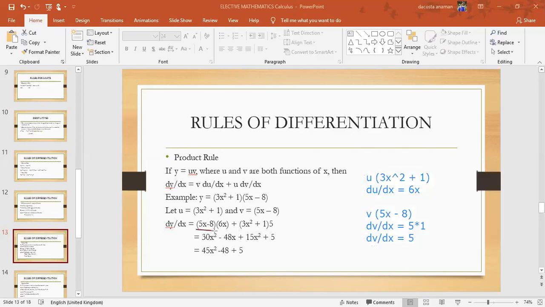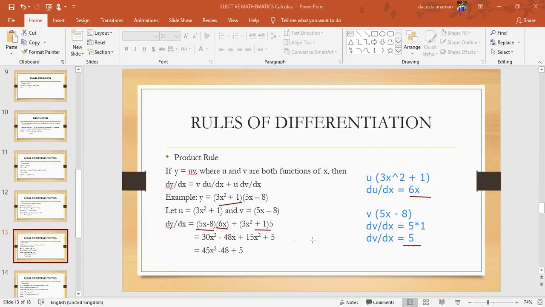And you multiply it with the first derivative of what? The u, which is what? 6x. As we are solving here, 6x. Then plus, you pick the u, which is what? 3x squared plus 1. You multiply it with the first derivative of the v, which is 5.